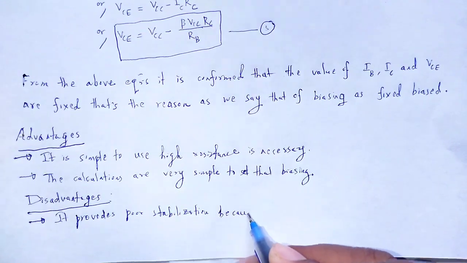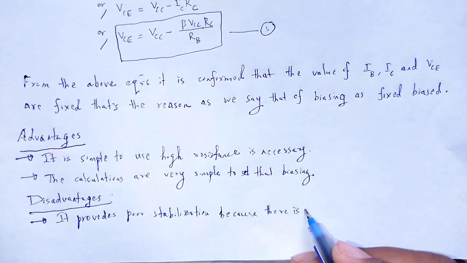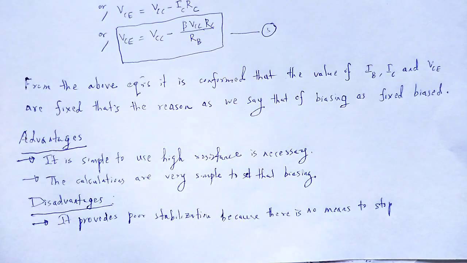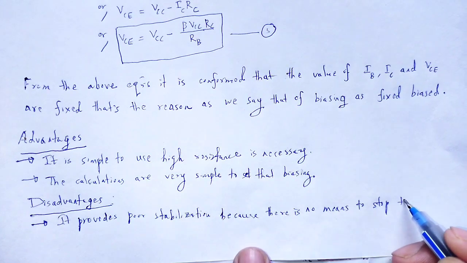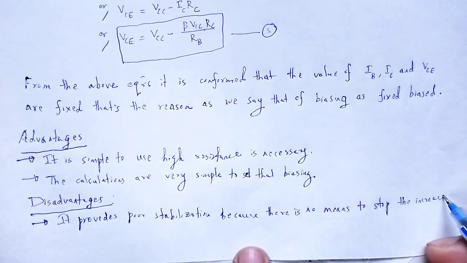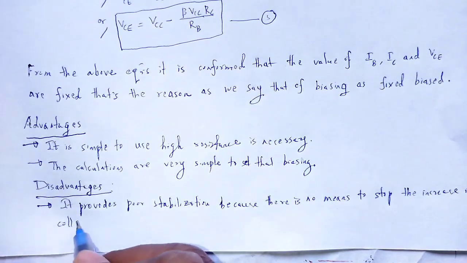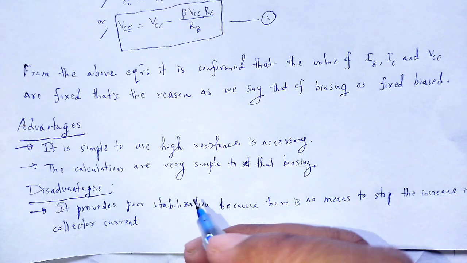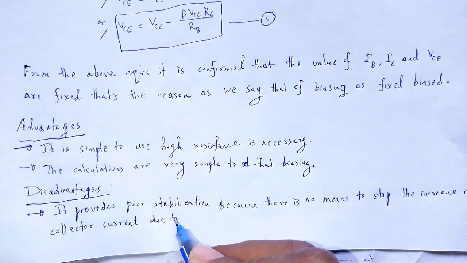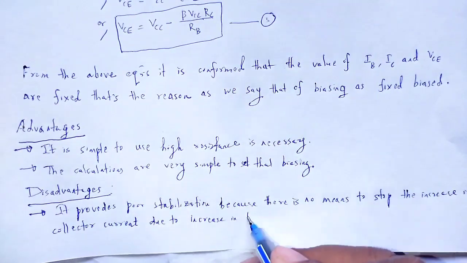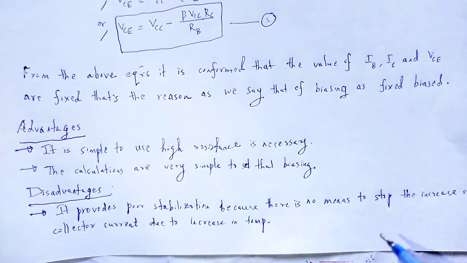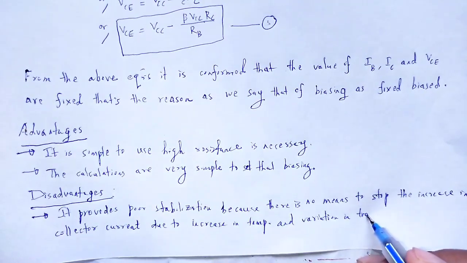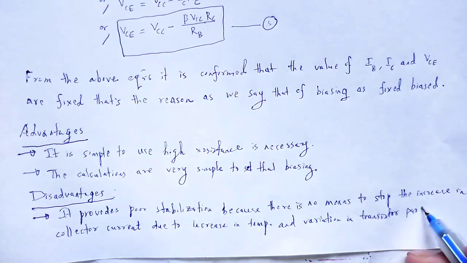Because there is no means to stop the increase in collector current due to increase in temperature and variation in transistor parameters.